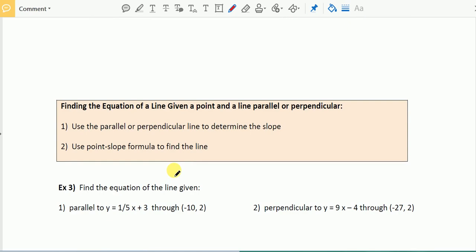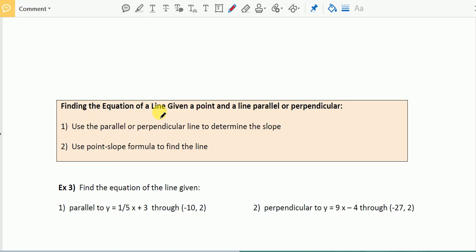Okay, so the next topic is finding the equation of a line given a point and a line parallel or perpendicular. If you are given a line and you are told that this line is parallel to the given line with a point, or perpendicular to the given line with a point, then you can find that.